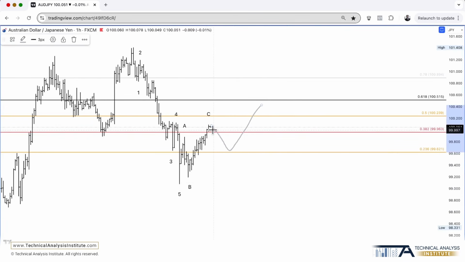And we know that via Fibonacci projections that decline would typically take at least the same distance of this one. So it would travel the exact same distance that this one traveled as a very minimum expectation. So we would expect prices to go much lower.